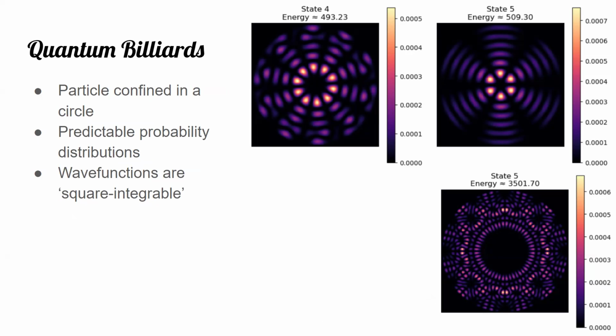The idea is that we're going to confine our particle into a circular shaped well with Dirichlet boundary conditions as well, that impose that the wave function vanishes at our circular boundaries.